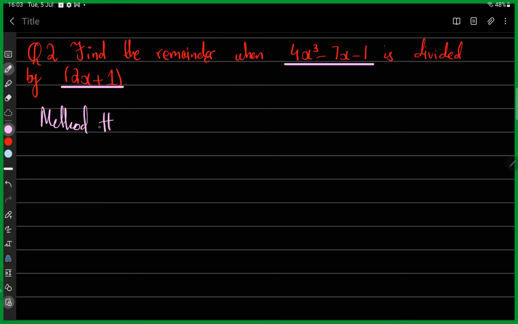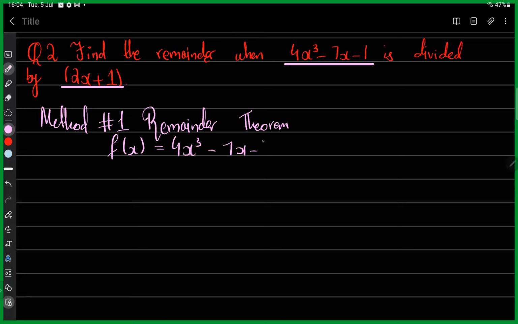Method number one is by doing it through the remainder theorem. According to the remainder theorem, if f of x is your polynomial, 4x cubed minus 7x minus 1, and if your factor is 2x plus 1, you need to equate it to 0 and make x the subject, and this would give you x equals minus 1 by 2.